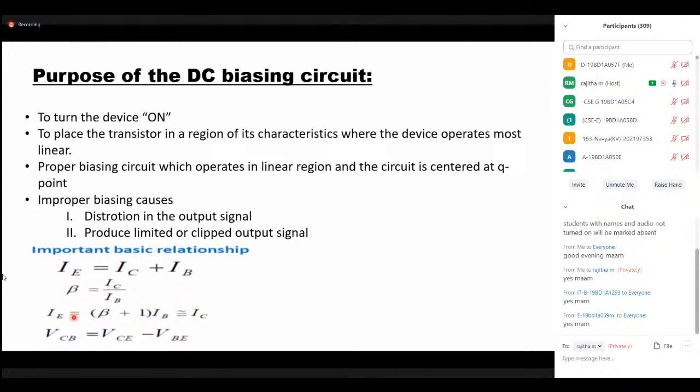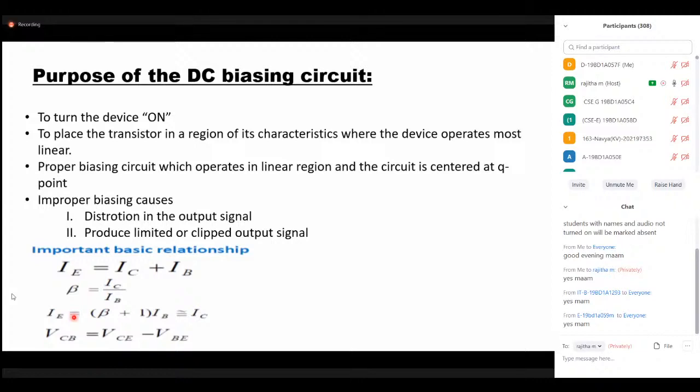This is the most important point. As I already told you in the session on biasing, the depletion layer width penetrates more into the lightly doped region. In a transistor, the lightly doped region is the base.